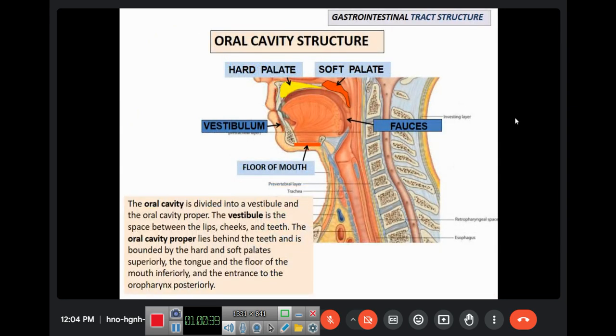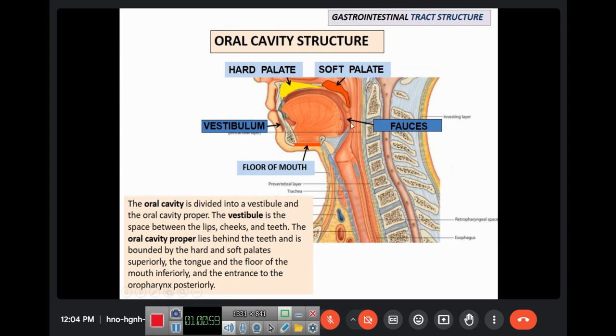So, oral cavity structures include the vestibulum. It is the space between lips and cheeks and the teeth and gums. So the space between the teeth and lips and cheeks is called the vestibulum.